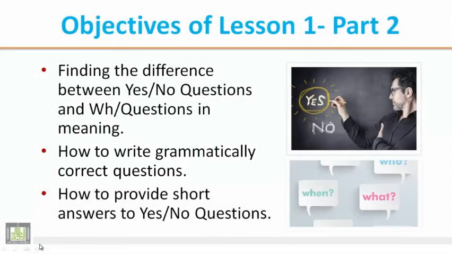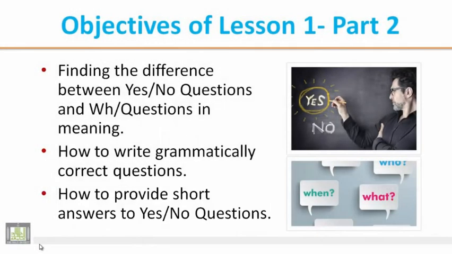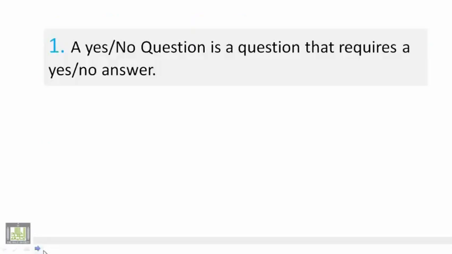And the third and last objective is how to provide short answers to yes/no questions, كيف تجيب عن أسئلة الإيجاب والنفي بإجابة قصيرة. To start with, we will provide a definition for what a yes/no question is. سنبدأ بتعريف ما هو سؤال الإيجاب والنفي.